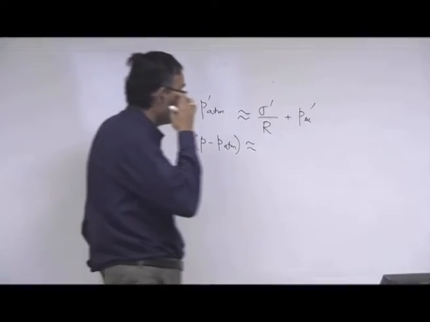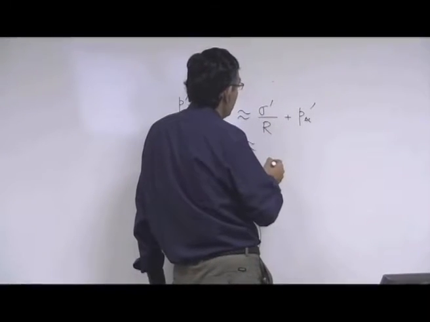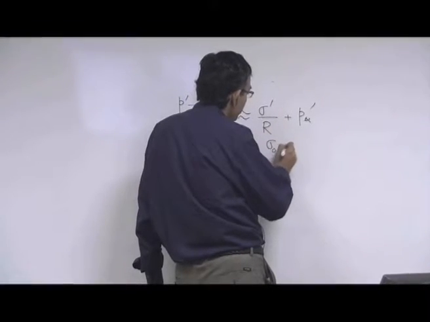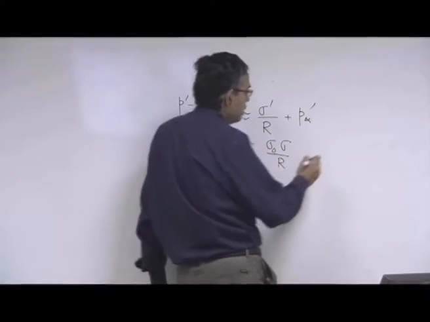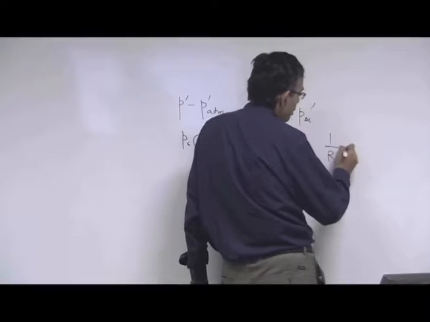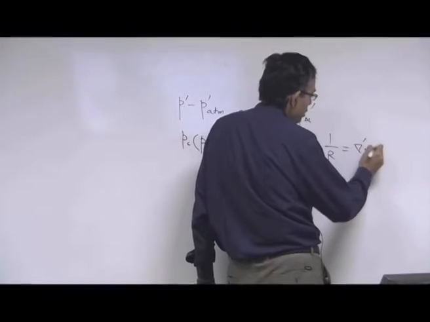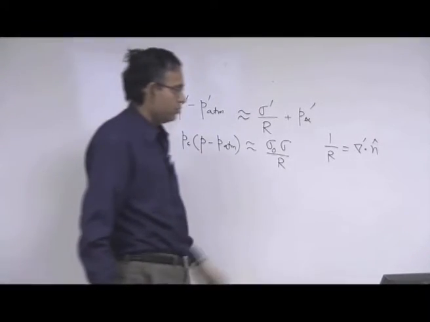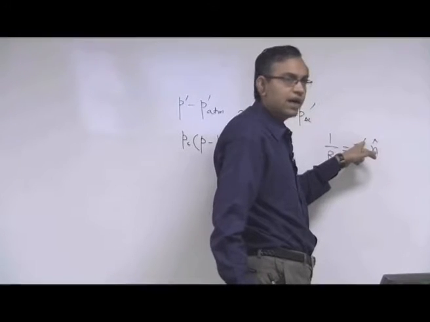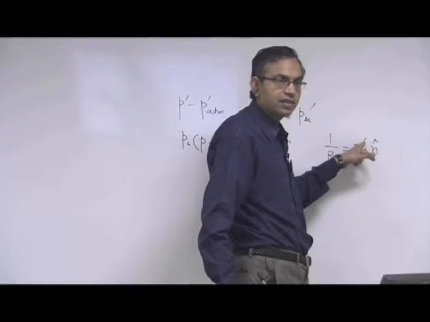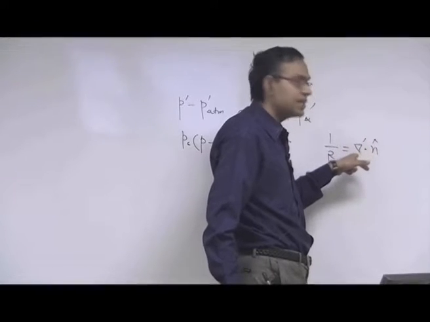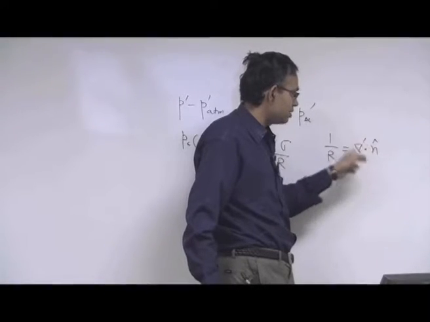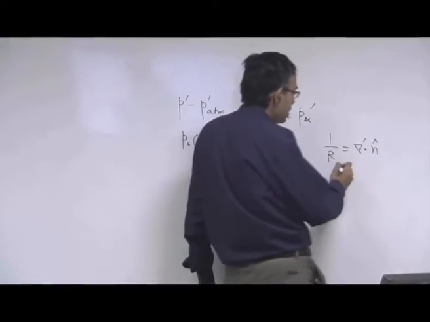This is sigma 0 into sigma by r, and 1 by r is this one. In the slides I have not put del dash, but just to emphasize that it is a dimensional operator, I have put it in the form of dash here.